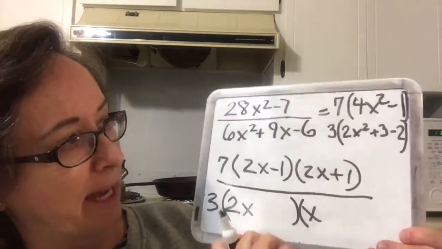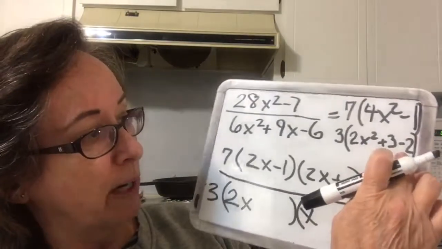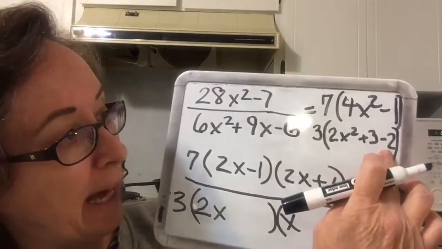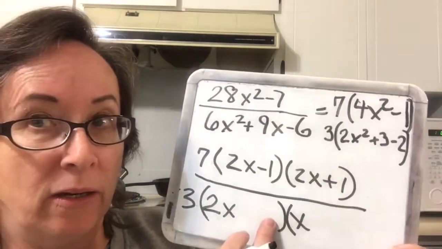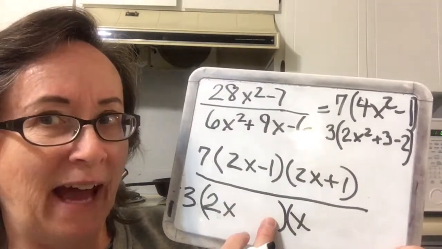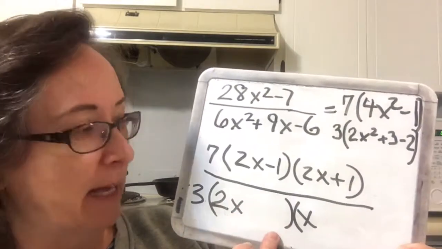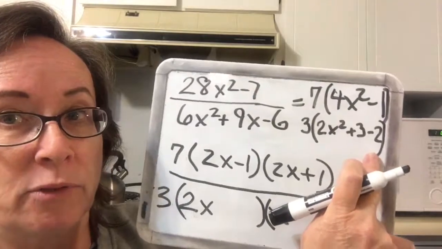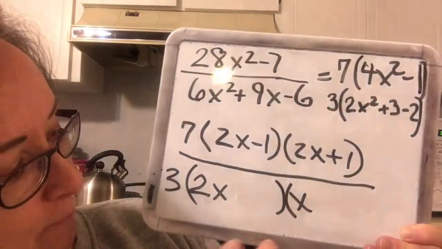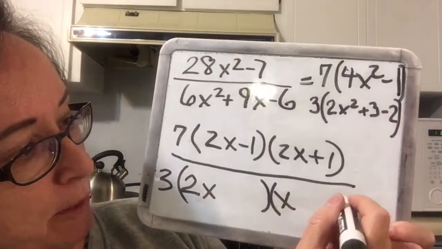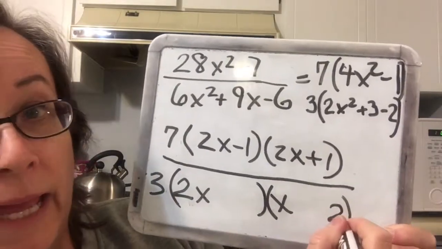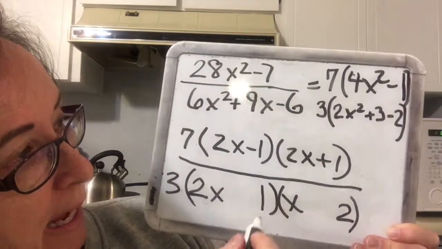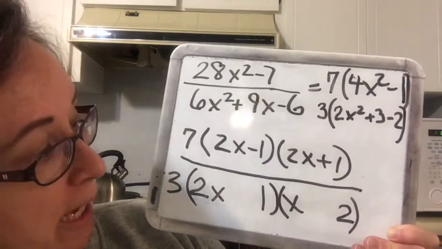I know I've got to have a 2 and a 1 as factors of my last term here. But notice that if I put a 2 here, I would have a 2 factor out of here, and I've already pulled out the only factor that I have, the 3. I'm trying to get that little glare off of my board there. Okay, so I'm going to have to put the 2 over here, and I'm going to then put the 1 here, and then I'm going to look for which signs will make this true.